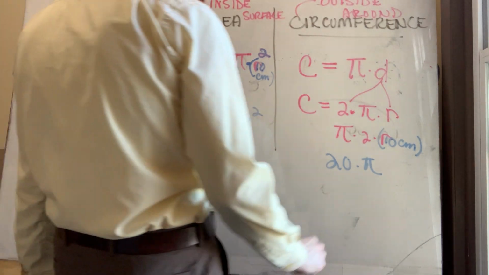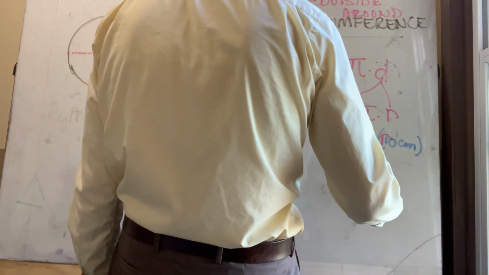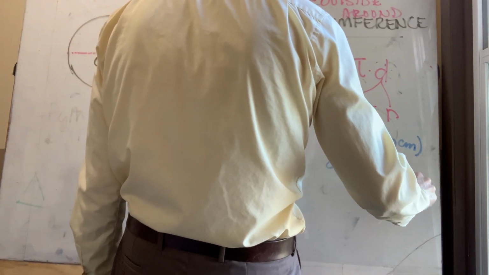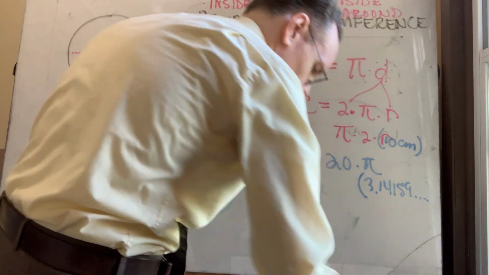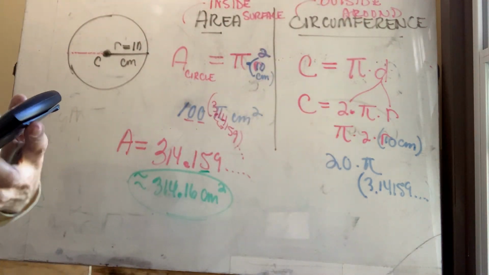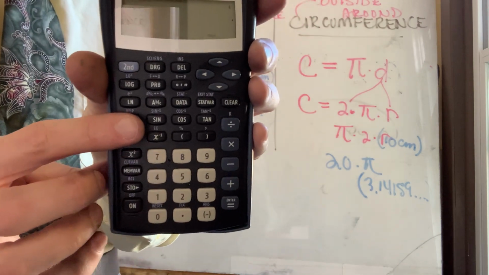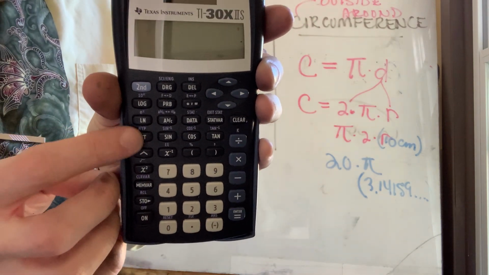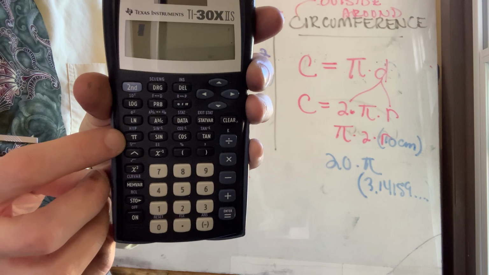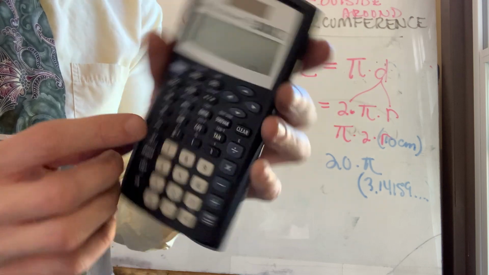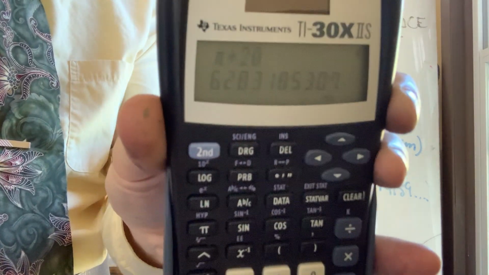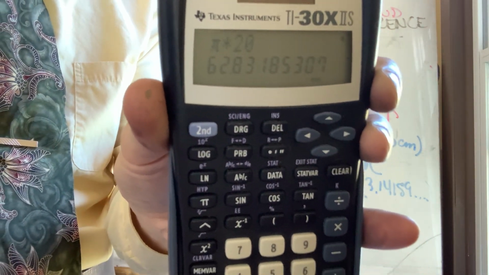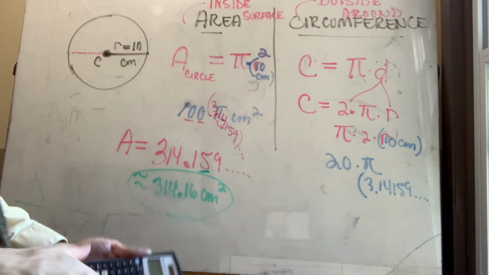If you now substitute 3.14159, whatever it is, or use the pi button on your calculator, here's what you would get. Right? Remember, your calculator, if you have this type at least, it has a pi button. A scientific calculator usually does. Pi times 20. And you see 62.831 and so forth.